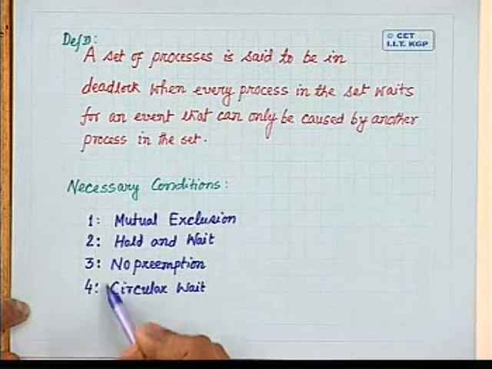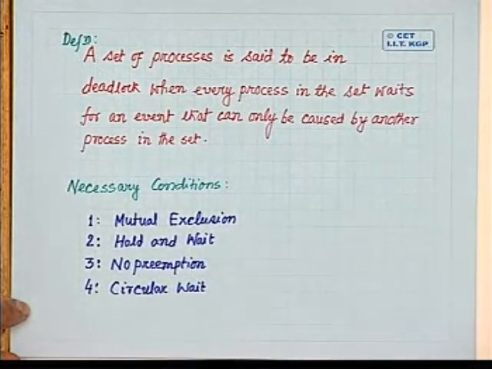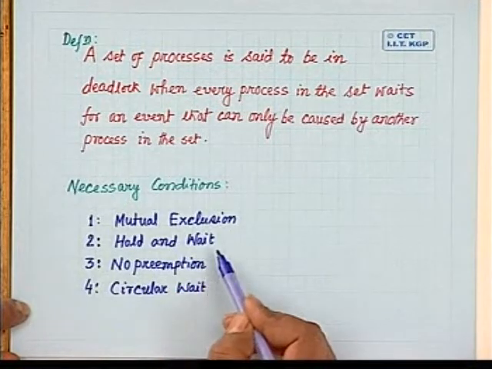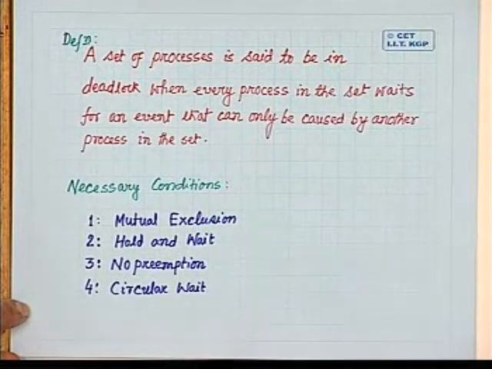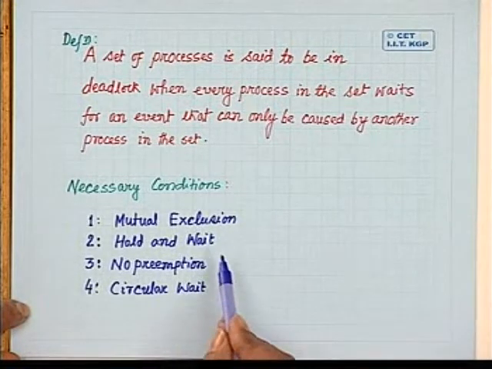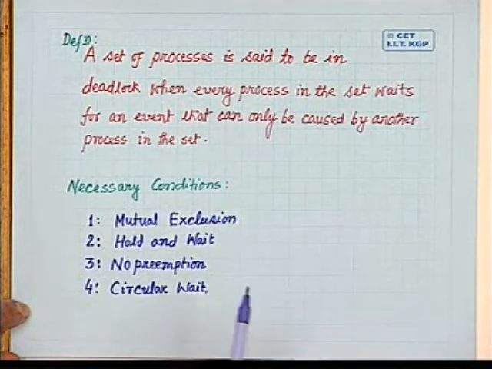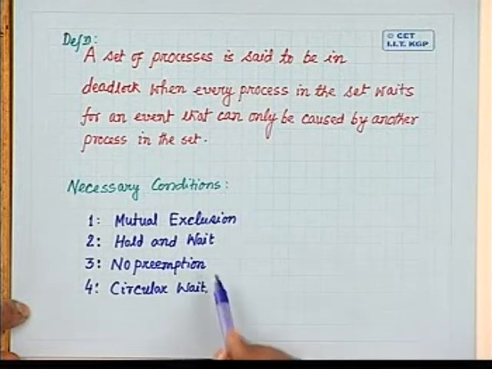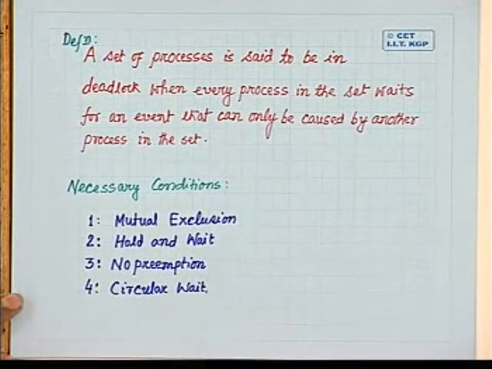And because these are the 4 necessary conditions for the occurrence of deadlock, if we can ensure that at least one of them is not present, then we can ensure that the system is deadlock free. So we'll see more on this in the next class.